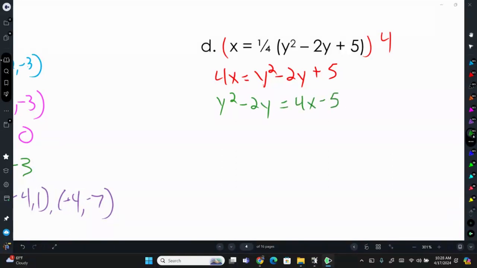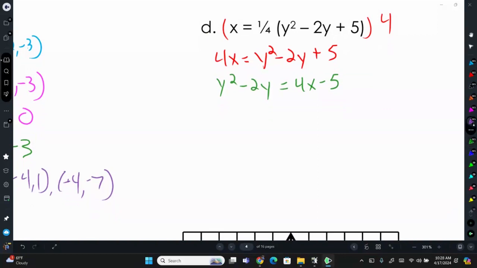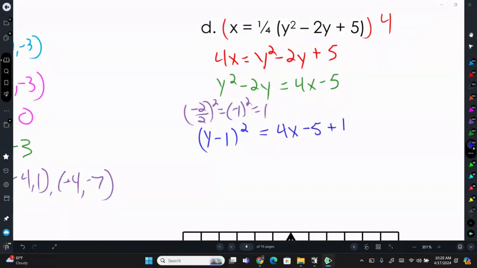And then we're going to complete the square with the y. So negative 2 over 2 squared equals negative 1 squared, which is 1. So the left side is going to be, and we're just going to cut to the chase, y minus 1 squared equals 4x minus 5 plus 1.